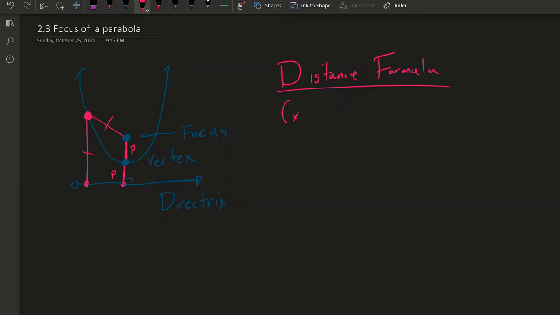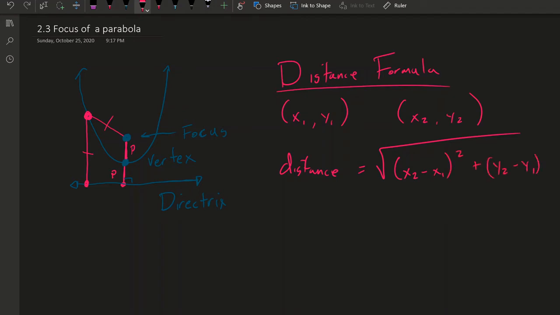If I have two points, (x1, y1) and (x2, y2), the distance between those two is the square root of (x2 minus x1) squared plus (y2 minus y1) squared. We'll be using that formula.